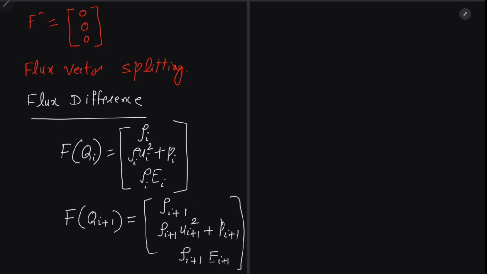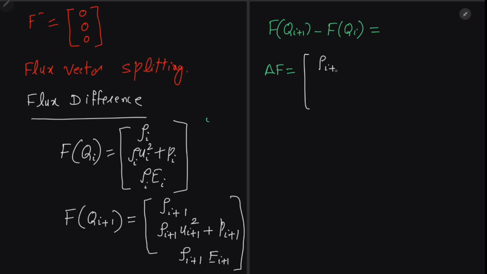If I take a difference, f of Qi plus 1 minus f of Qi, without describing whether speed is greater than 0 or less than 0, then such flux is called flux differences. So the answer will be delta F.